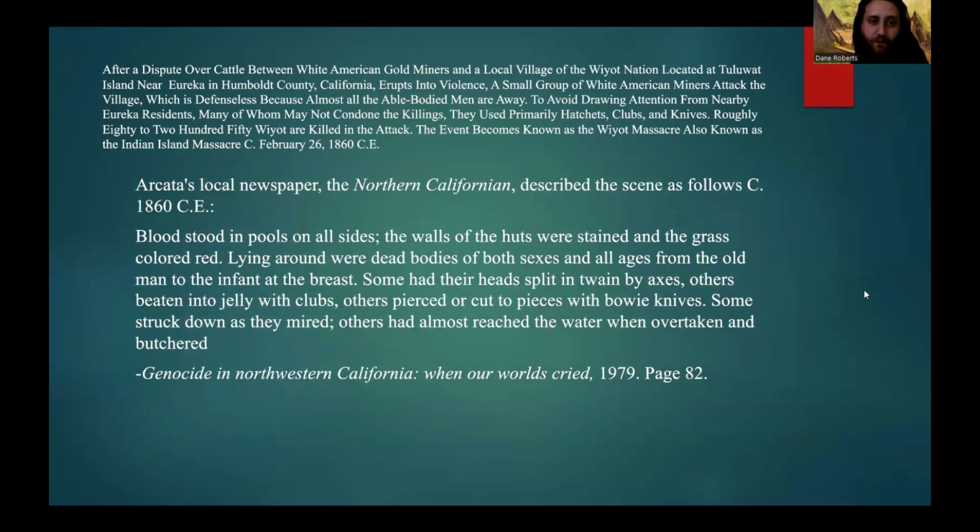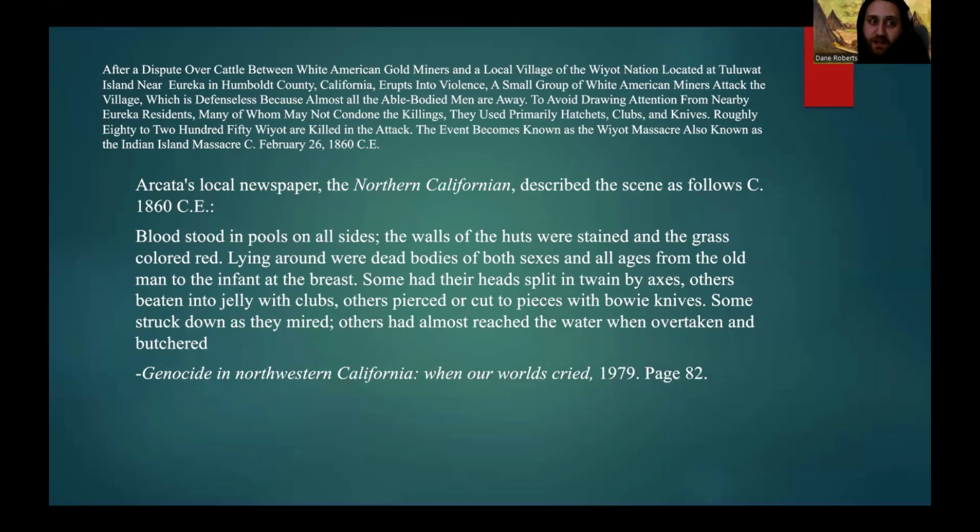And then on February 26, 1860 CE, after a dispute over cattle between white American gold miners and a local village of the Wiyot Nation located at Tulawat Island near Eureka in Humboldt County, California, after this dispute erupted into violence, a small group of white American miners attacked the village, which was defenseless because almost all of the able-bodied men were away.